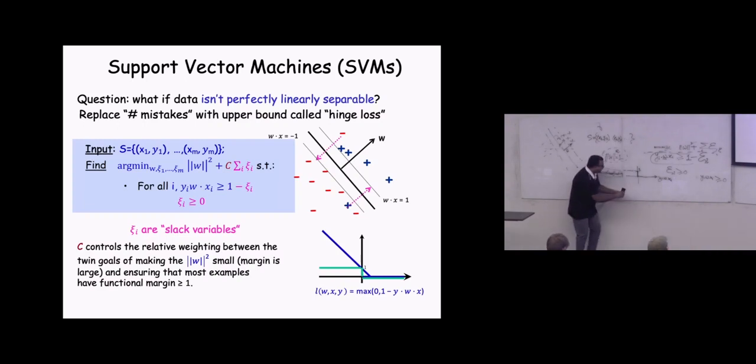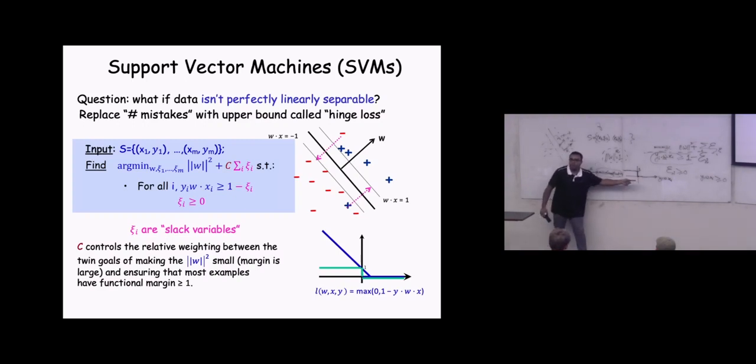So if this is greater than 0, there is no loss, 0. But if it is less than 0, then we have one misclassification. That is 1. So that's a 0-1 loss function. And if you count the number of this function, it will add 1 every time there is a misclassification. And that is the number of misclassifications. But the problem with this is, this function is not differentiable, right?